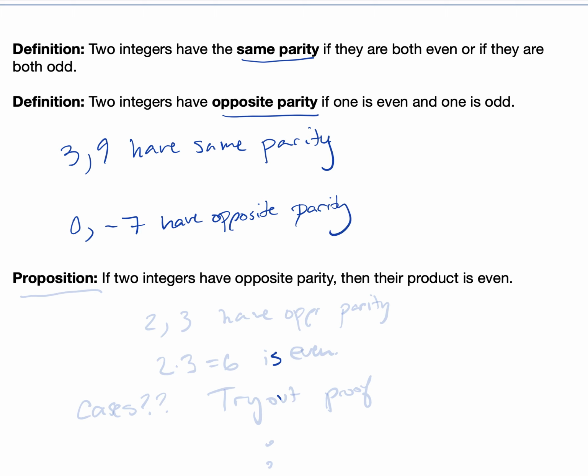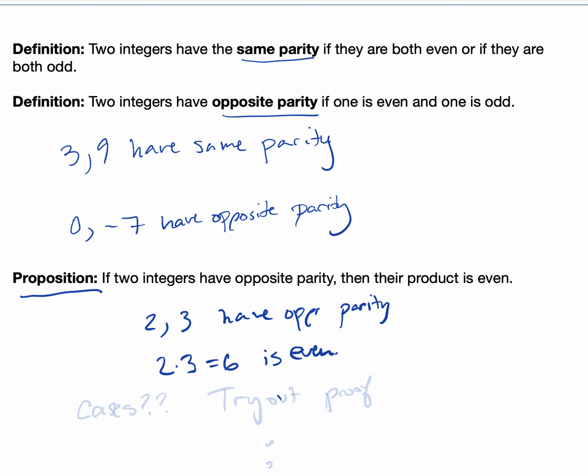So I'd now like you to think about proving the following proposition. If 2 integers have opposite parity, then their product is even. So for example, 2 and 3 have opposite parity, and we can see that their product, 2 times 3 is 6, is even.